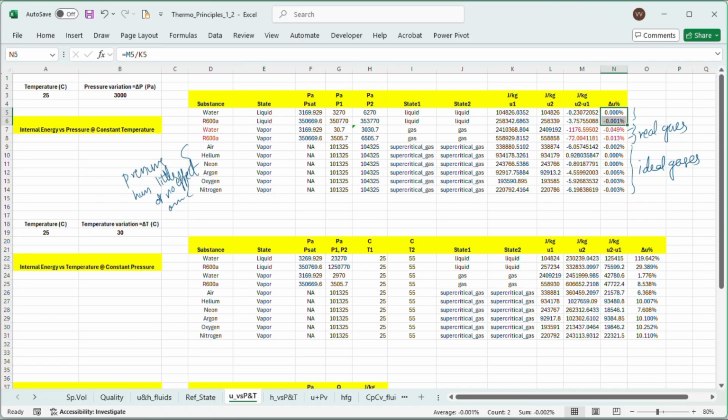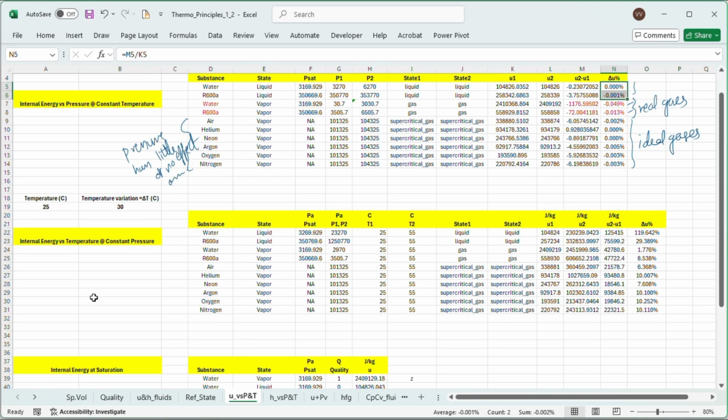So overall, we could say that pressure has no effect on internal energy because all these values look really tiny, percentage wise. What about temperature?